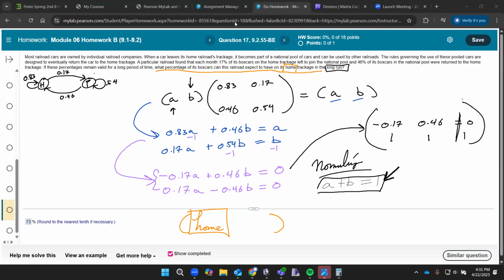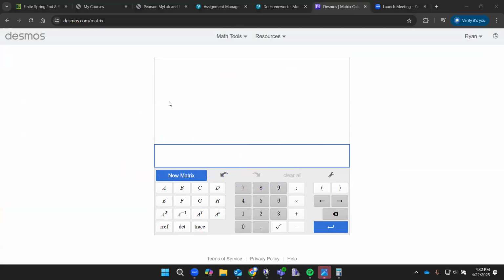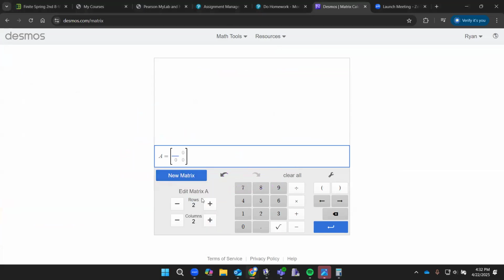Okay, I'm going to have to move over to some kind of calculator to do this. I wrote down just what we did so I can look at it. So this is negative 0.17, and that was 0.46, and that's 0, and this is 1, 1, 1.